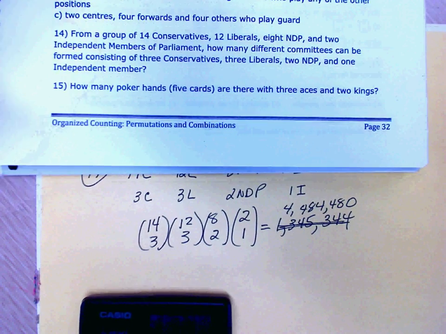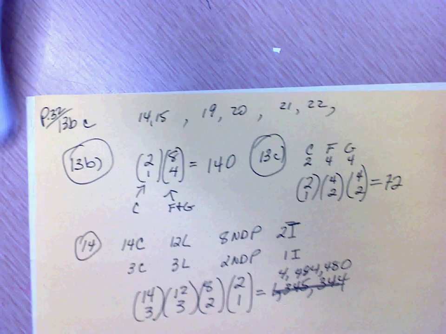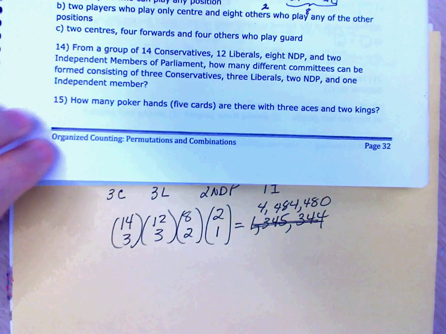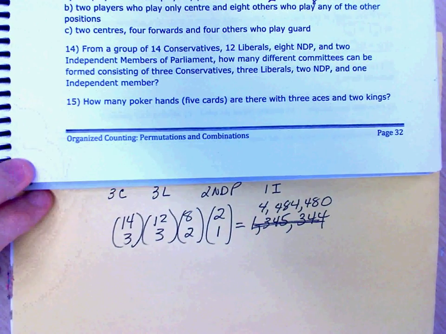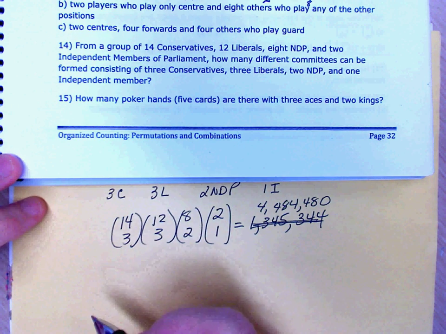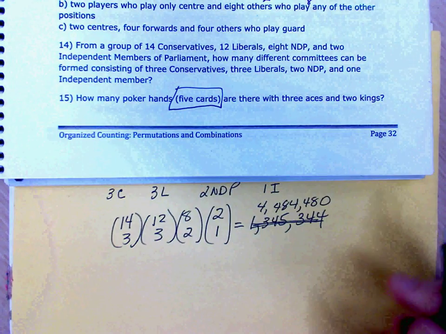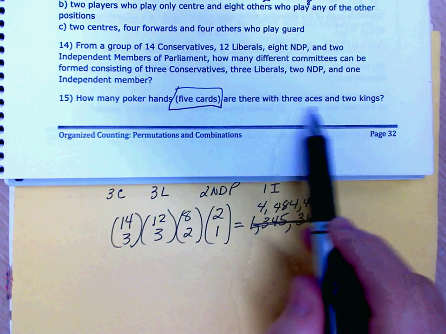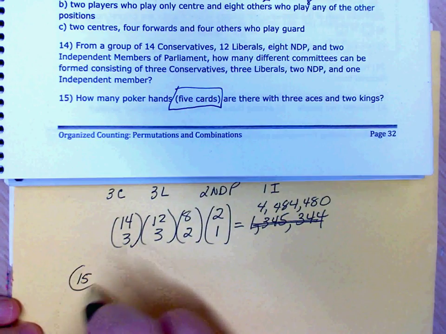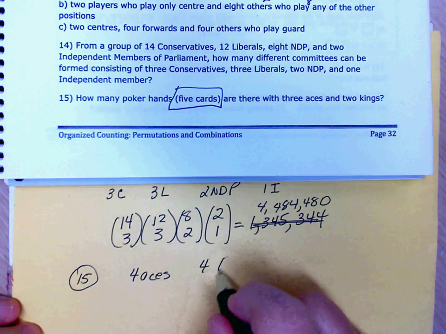Okay, the next question was 15. For poker hands, it's important you understand a little bit about a deck of cards. So how many poker hands are there with 3 aces and 2 kings? A poker hand has 5 cards. In any deck of cards, there are 4 aces and 4 kings.